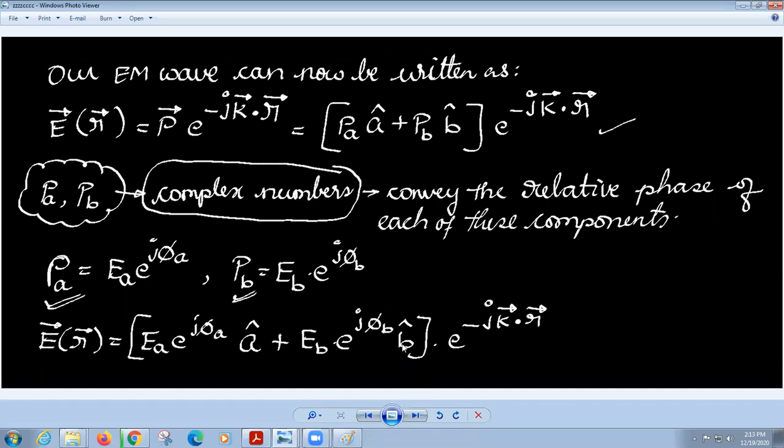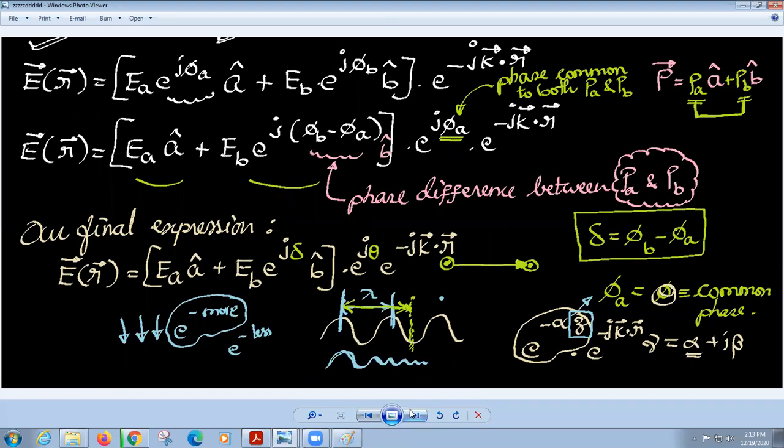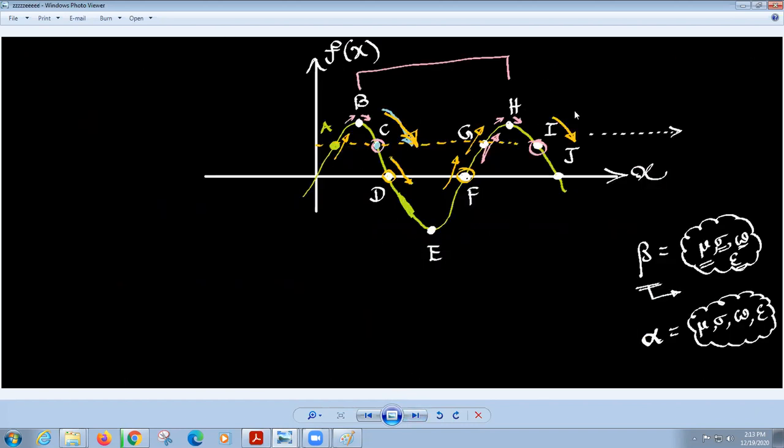Did I discuss the slide? E of this representing this P as PA roof plus PB roof e power minus jk dot R. Did I cover this slide about polarization? This one or this one? No? This one?